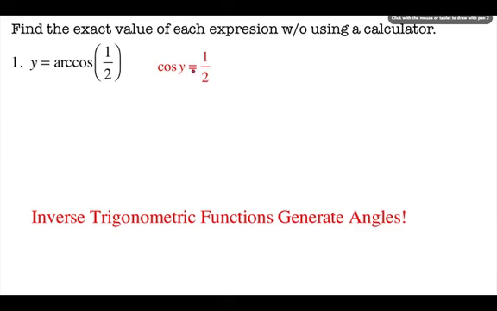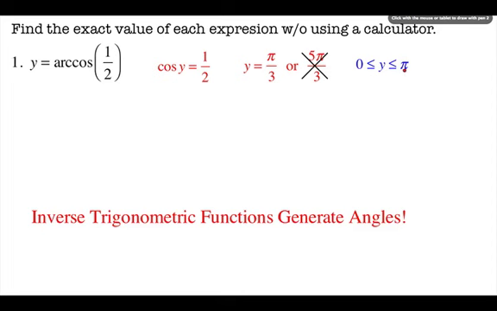So cosine of what angle is equal to 1/2? So now if you look at the unit circle, this is what you get. You actually have two angles, pi over 3 and 5 pi over 3. Now, what is the answer? Well, since we're dealing with cosine inverse, we have to remember that cosine inverse has a restriction for the angle, and it is between 0 and pi. This is why the only answer is pi over 3.